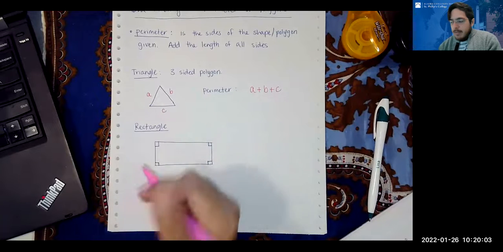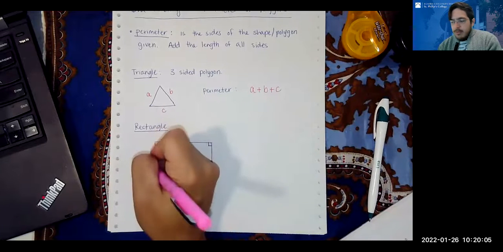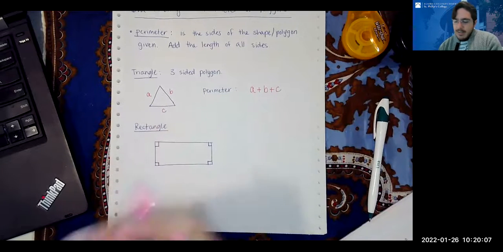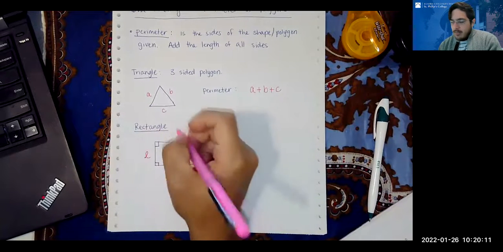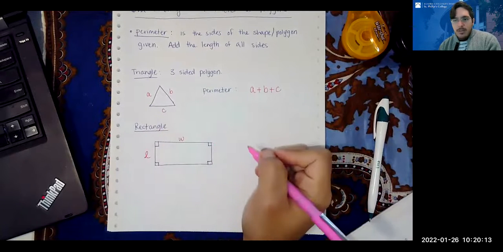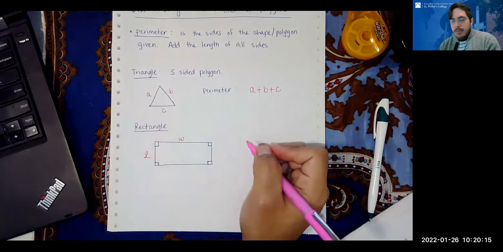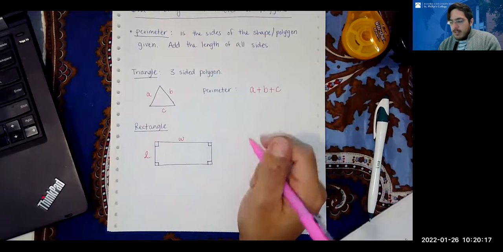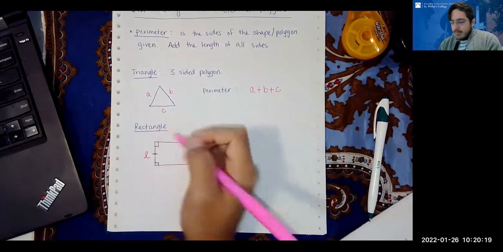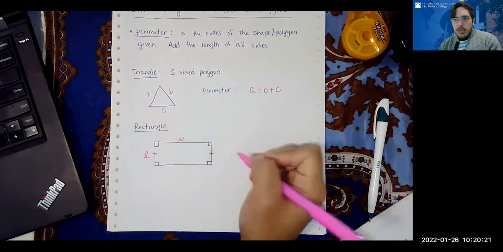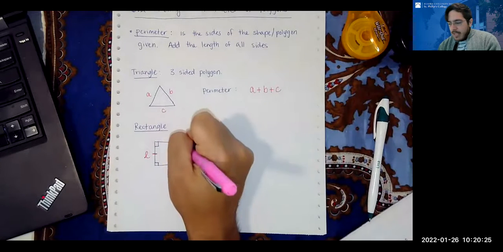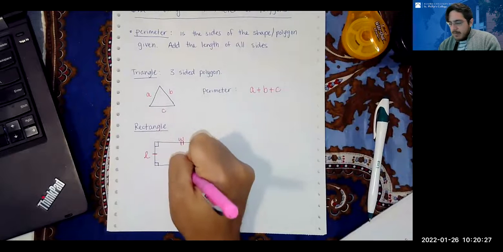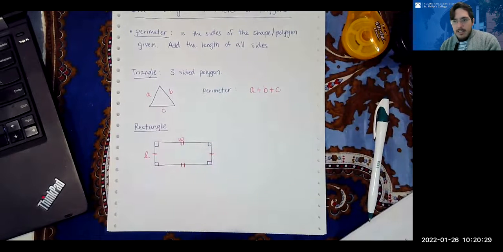But typically, when we're measuring something like a flat screen TV, you might measure this as the length, and you might measure this as the width. So we'll use L and W. It turns out that this side and this side of the rectangle should be the same length if it's a perfect rectangle, and this side should be the same length.